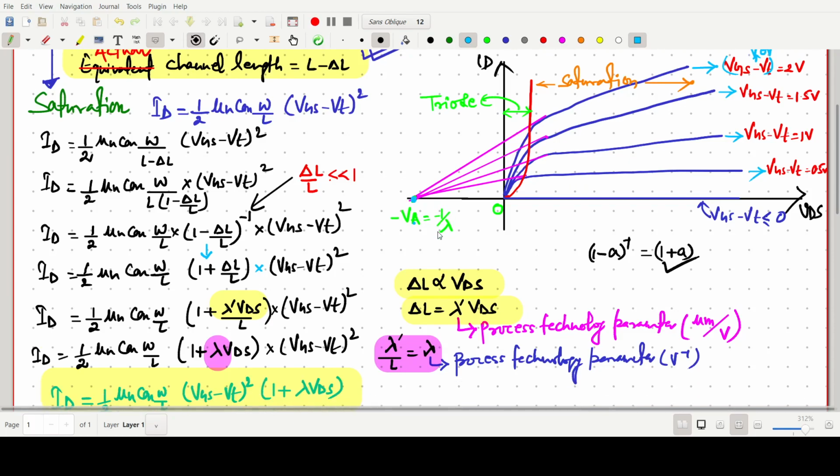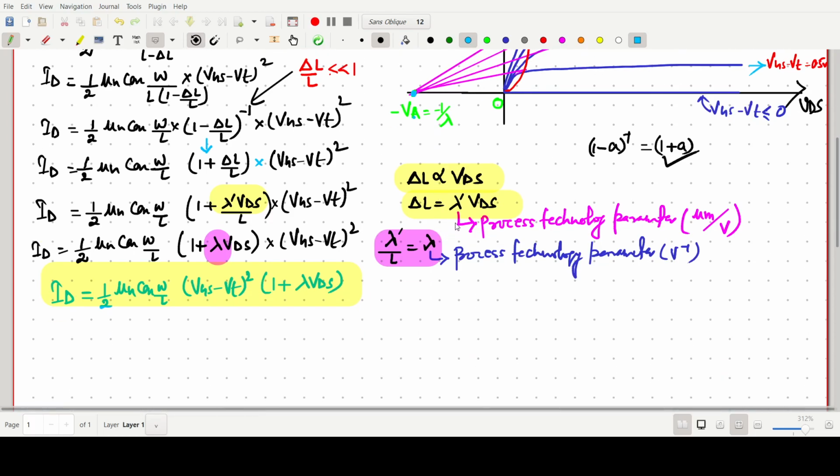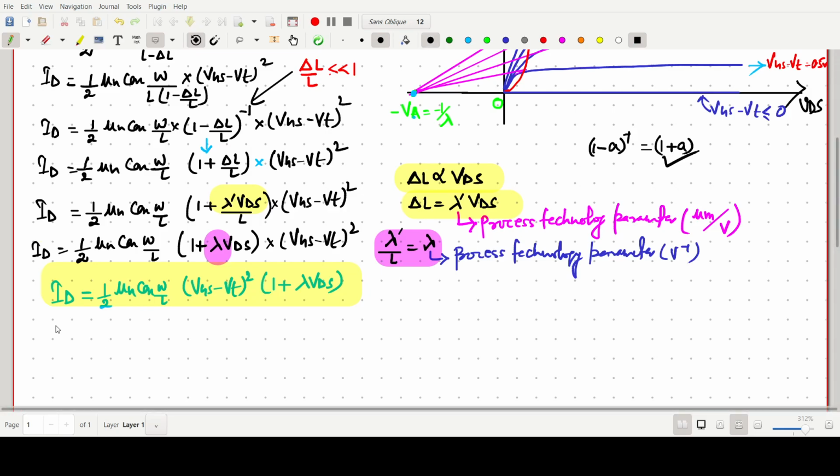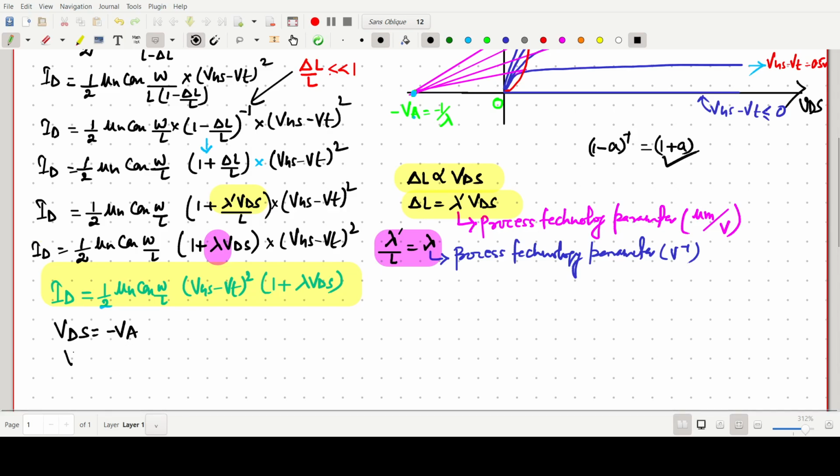So here VDS equals to minus VA, or VA equals to 1 by lambda. Because this was the drain to source voltage, if we extrapolate, there will be one point that is our VA, that is our minus 1 by lambda.